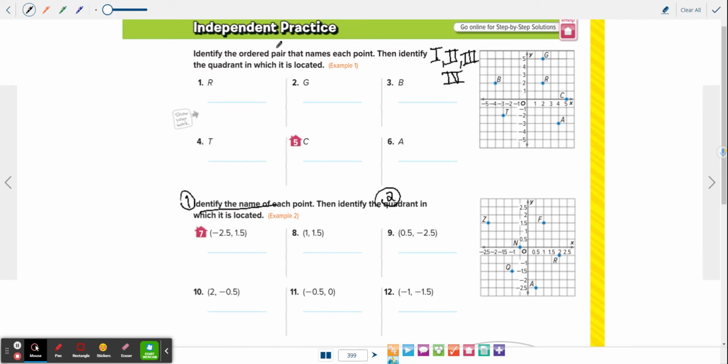1 through 6 also has two, I should say. You have to name the ordered pair. And remember, I'll go ahead and do number 1 with you. R is 1, 2 on the x. So that goes first. And then 1, 2 on the y. And R is in quadrant 1.